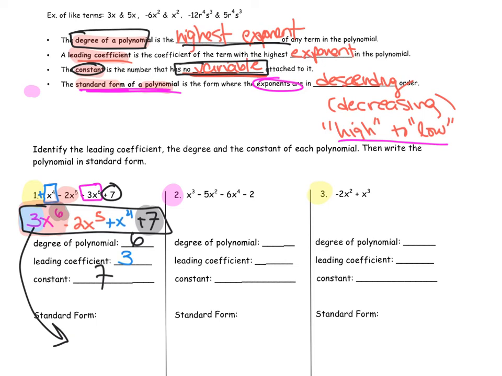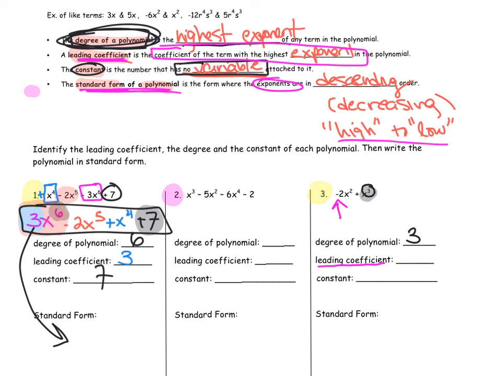Okay, for question 3, the degree, again going back to my definitions up here, the degree of a polynomial: where is the term with the highest exponent? Well, right here, x cubed. The highest value is 3. So my degree is 3. Don't be fooled by this next piece. The leading coefficient is the coefficient of the term with the highest exponent.